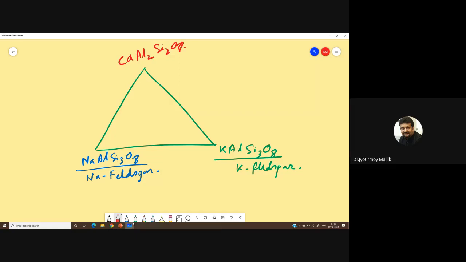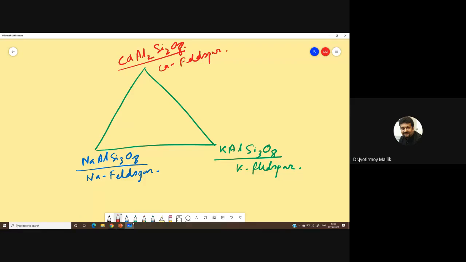I hope I have done the formula justice, but you can check it. You have to excuse me if I make a little mistake here and there because I don't write them every time. This is called calcium feldspar. I just want to give you the flavor of what happens.